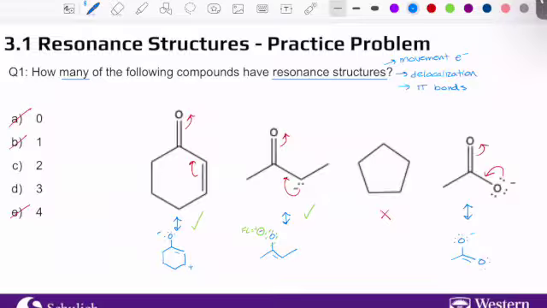We see that we have a negatively charged oxygen species on the right side, and then a resonance structure of that causes the delocalization of that charge to be associated with a new oxygen species as follows. So we can confirm that this compound does also have a resonance structure, meaning C cannot be an answer, and our best representation would be option D.